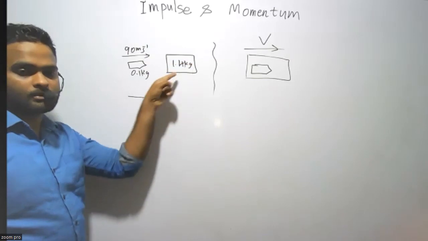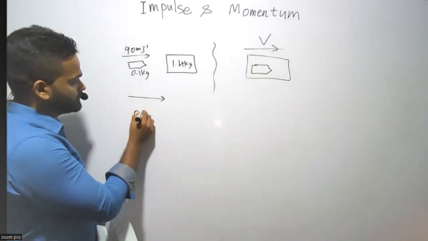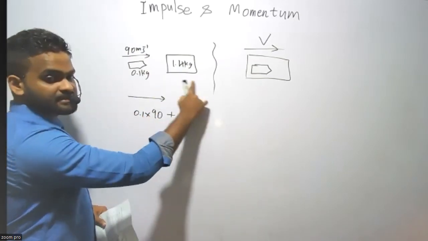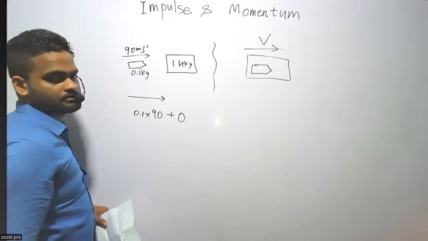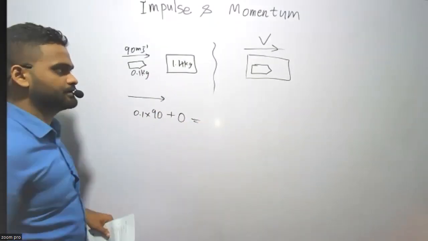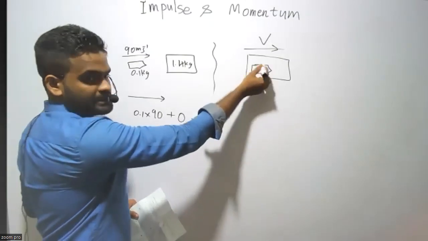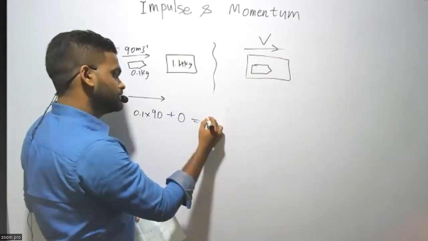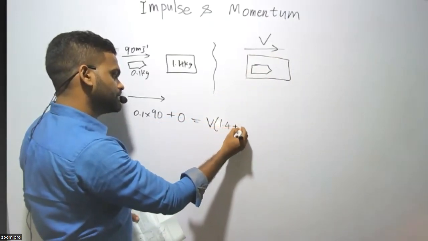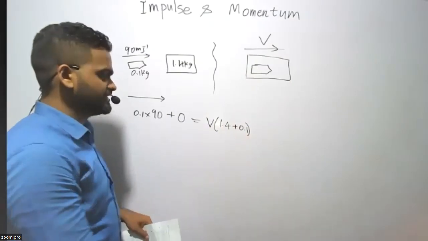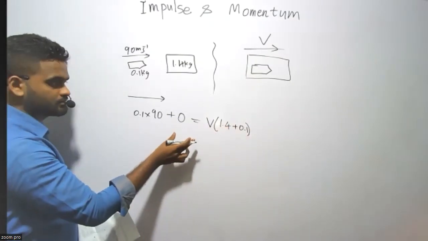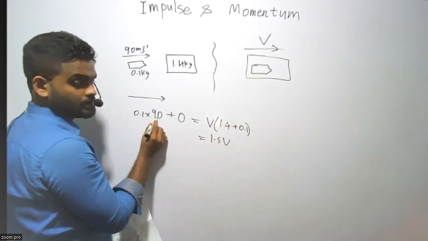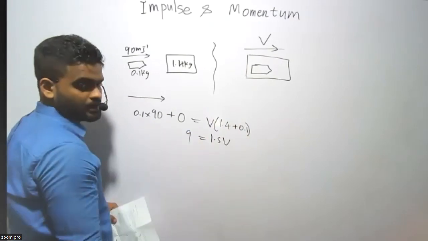What's the initial momentum? 0.1 times 90 plus 0 for this one, which is at rest, equals, now the bullet is inside, so they both move at the same constant velocity v. So (1.4 plus 0.1) v. I just took v out. So 1.5v equals 0.1 times 90, which is 9.